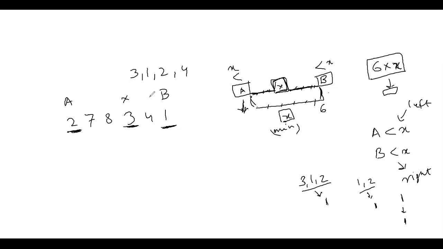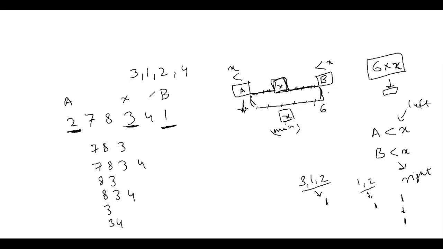So now see how many such subarrays we can create for this guy. One thing is I can say, okay, 783. I can create 7834. I can create 83. I can create 834. Okay, I can just create 3. I can create 34. Can you create anything other than these?